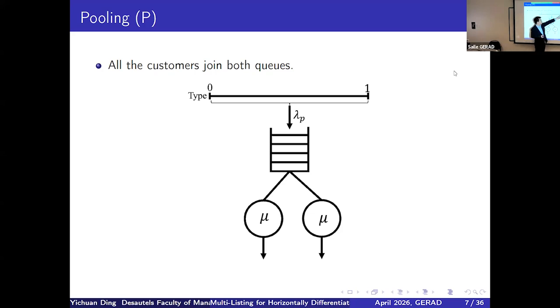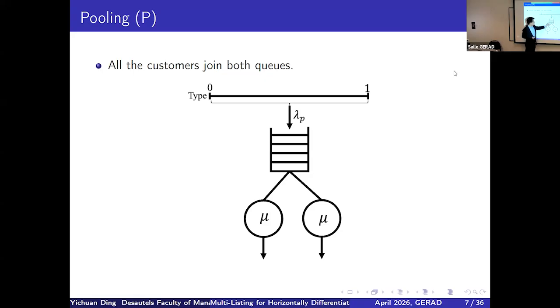If you really prefer Thunderbird, your parameter will be 1. What about the people in between? If the person is 0.4, he slightly prefers Iona over Thunderbird, but he's not that extreme. 0.5 means he is basically indifferent between the two options. This is called the Hotelling model, which is very commonly used to model a customer's choice.